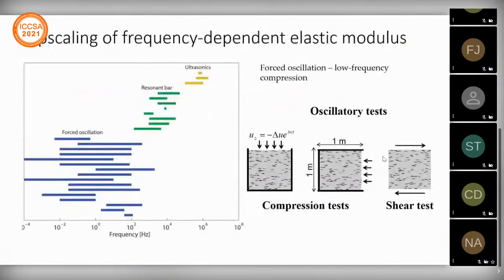The typical problem of digital rock physics is that we need to upscale the properties of the rock, starting from the pore scale representation of the rock, to the reservoir scale.